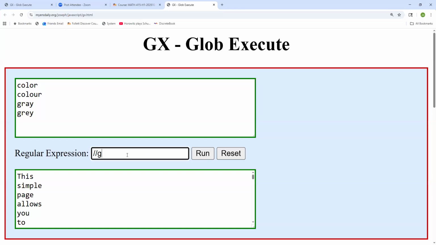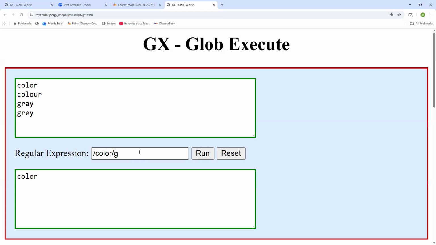It's probably pronounced the same way. How would I match either color or colour with a U in it? So color by itself just gives color. Somebody who's been watching closely, tell me what to add to the regular expression so it matches both color and colour with a U in it.